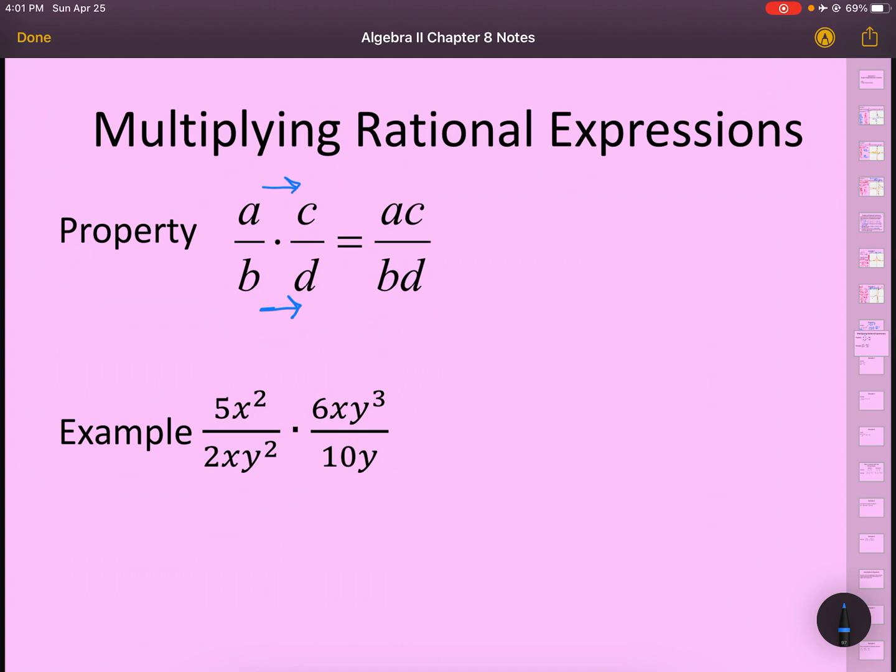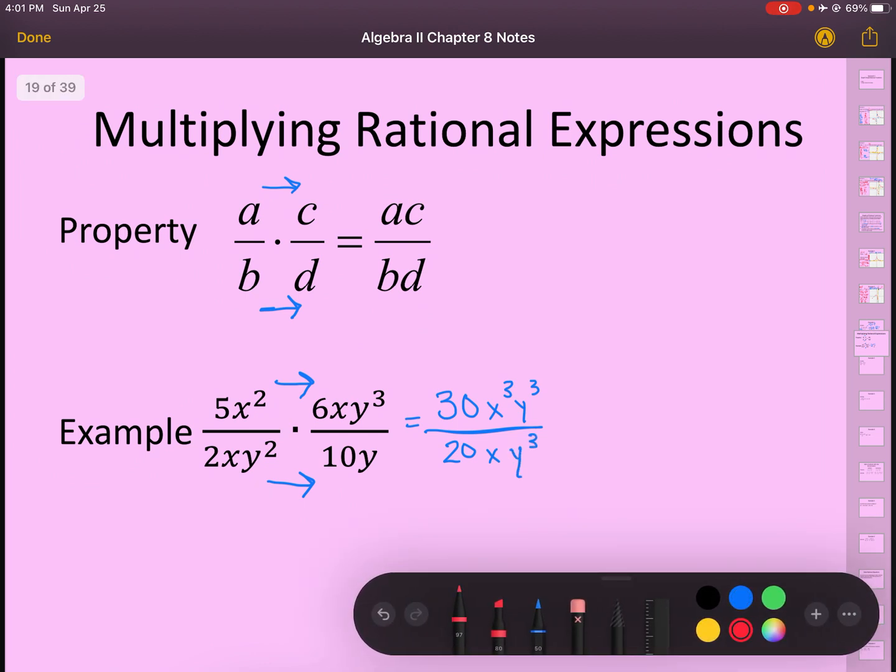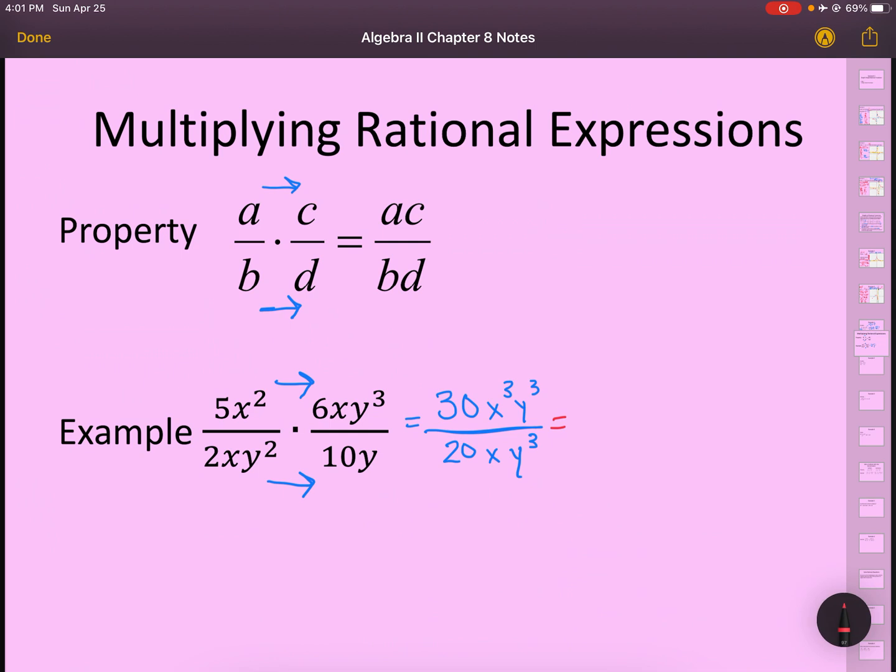So we're going to do the same thing here. We're going to multiply the numerators straight across and the denominators. So we're going to have 30 x to the third, y to the third, over 20 x, y to the third. And in order to cancel some stuff out, we can break it apart.